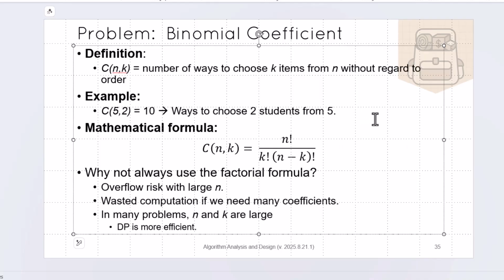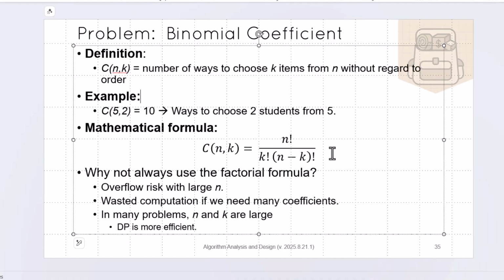You've probably seen this at some point if you have taken a discrete structures course, which I assume you have if you're watching this, and that you've done combinatorics or counting theory. You've probably gone over combinations and permutations. So this binomial coefficient is just the mathematical notation for combinations.